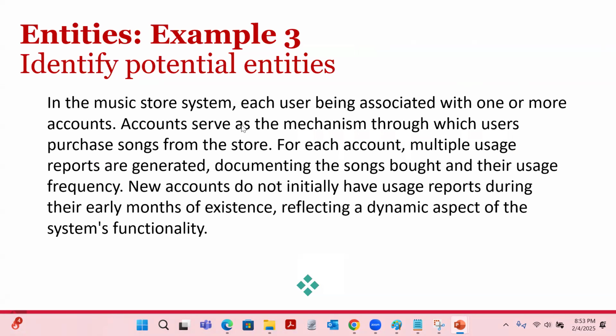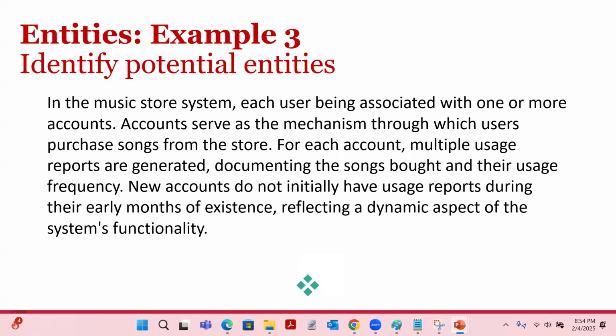So now we have more information about the accounts, and then we have songs. Songs is also probably a good potential entity. We don't know much detail about songs yet, but it can be. Further down, we have a lot of information about multiple usage reports, right?